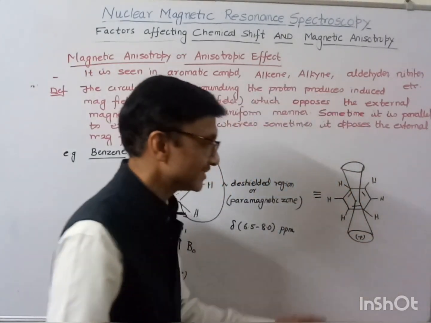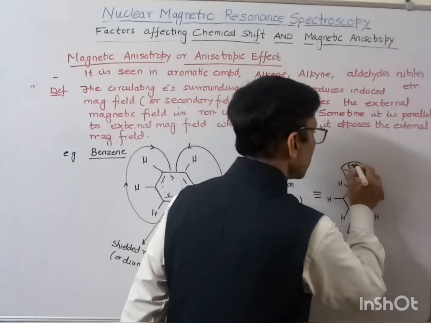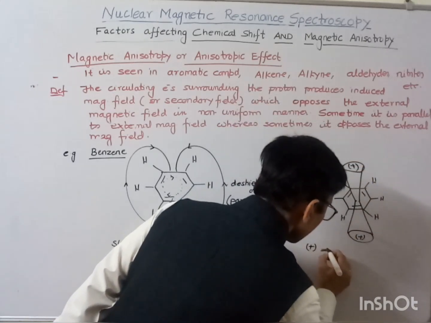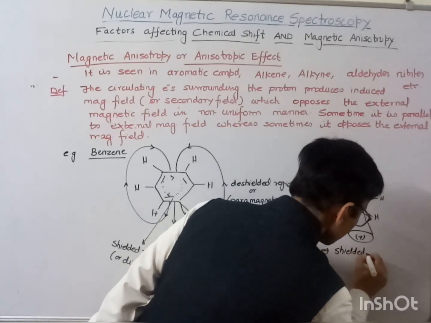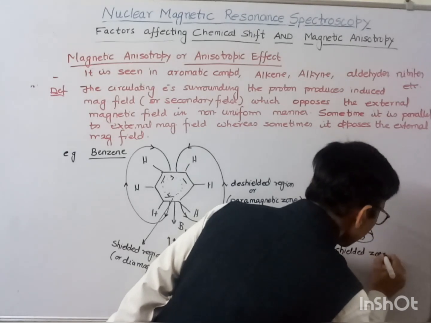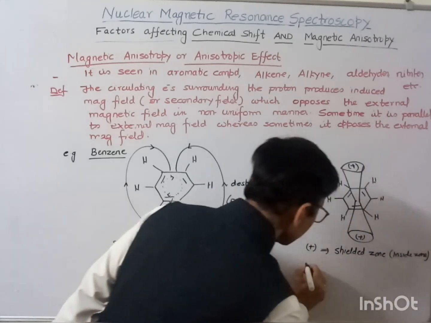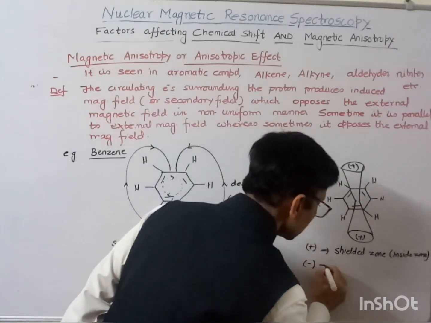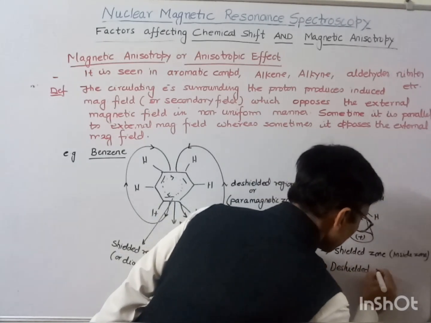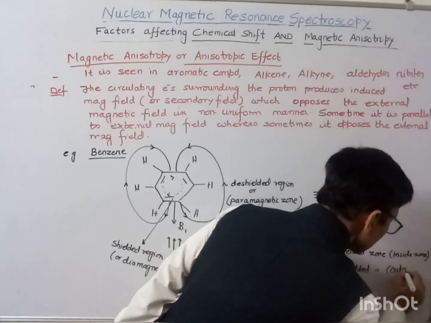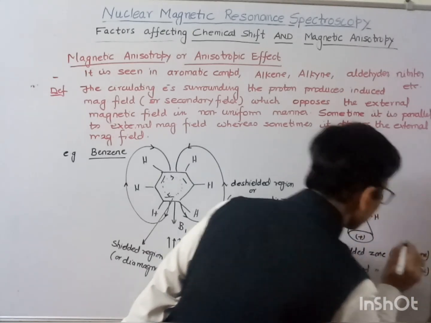Inside the cone is the shielded zone, which is indicated by this plus sign, whereas outside the cone, where I have written this minus, is the deshielded zone.